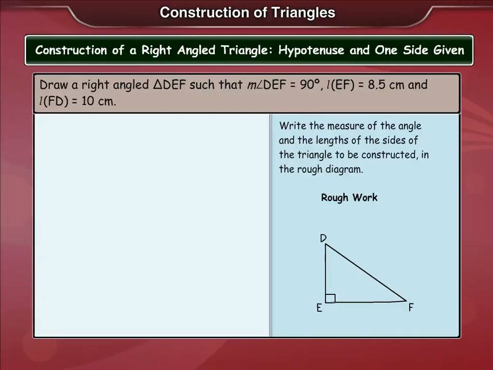Angle A measures 75 degrees, and so it's an acute angle. And angle B measures 115 degrees, so it's an obtuse angle. Let's start constructing the triangle. Using a scale, draw segment AB of length 5 centimeters.